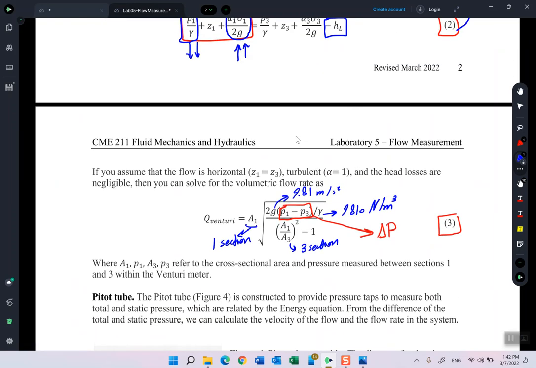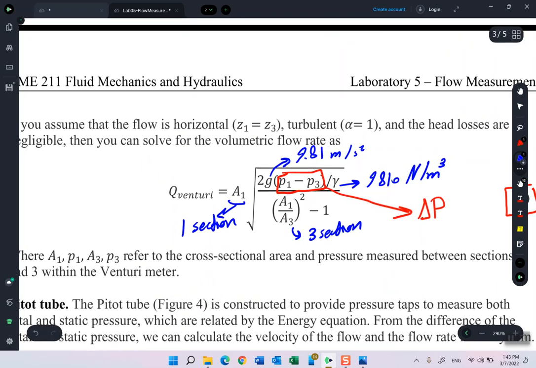If you do a unit analysis, a dimension analysis, for equation number 3, you will see that the values this equation produces are in meter cubed per second.